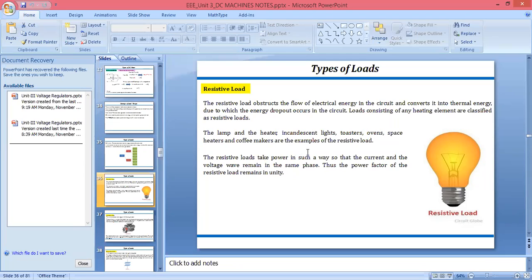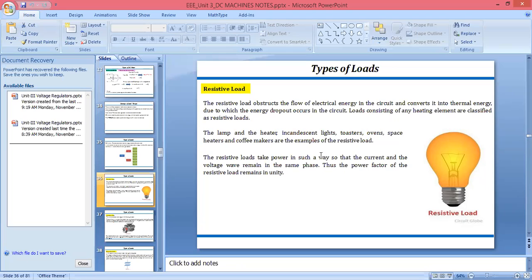Resistive loads take power in such a way that current and voltage remain in the same phase. If we give an input which is sinusoidal, then at the output also we will get the same phase. There will be no phase difference.